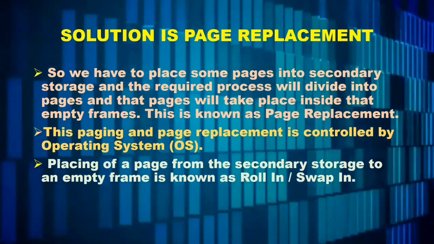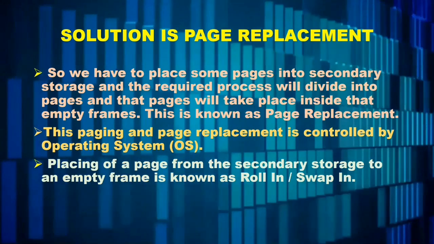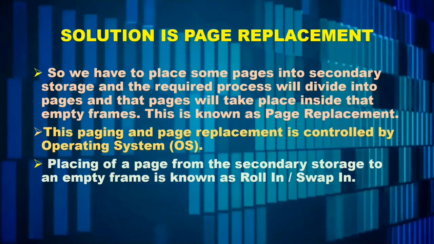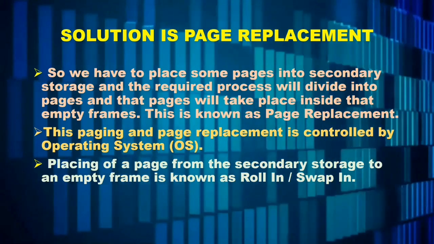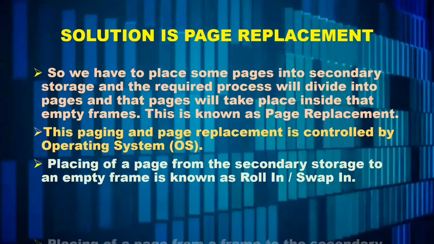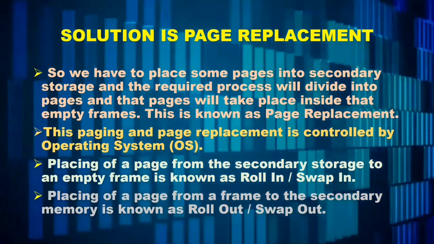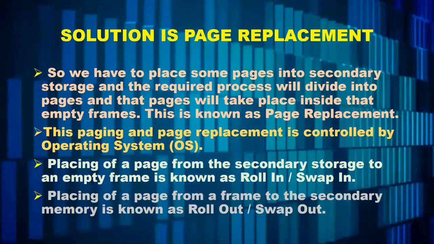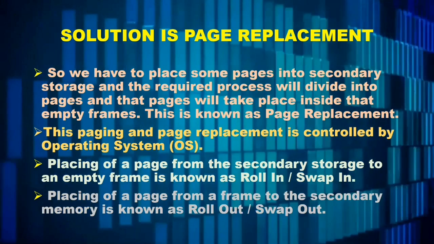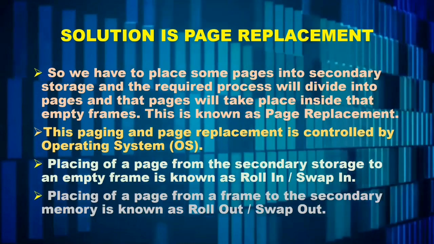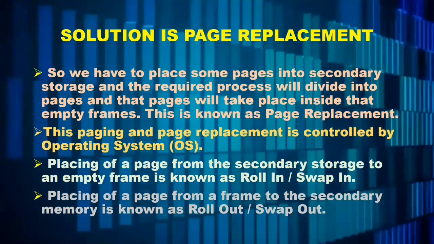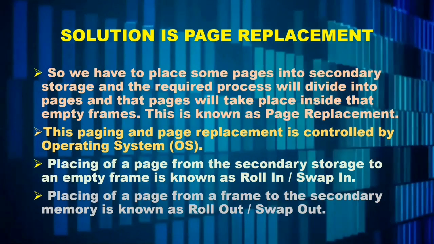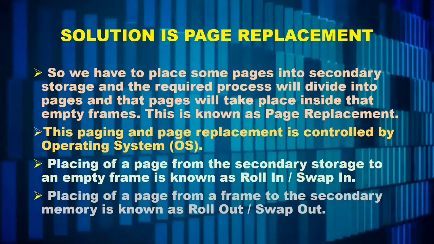That is, when a new page comes from the secondary memory to an empty frame of the RAM, that is known as roll in or swap in. The second term: placing a page from a frame to the secondary memory is known as roll out or swap out. That is, when the RAM is getting full, an old page is transferred to the secondary memory, and that is known as roll out or swap out.